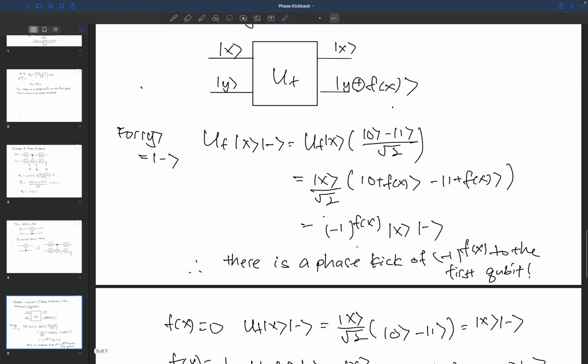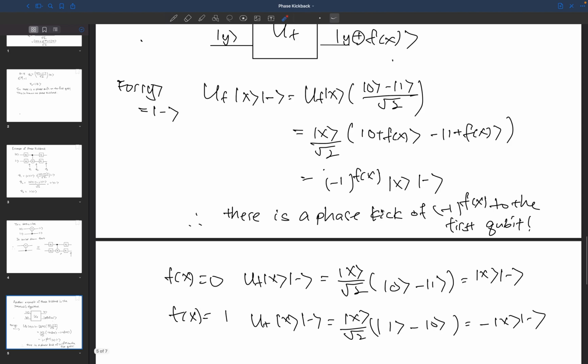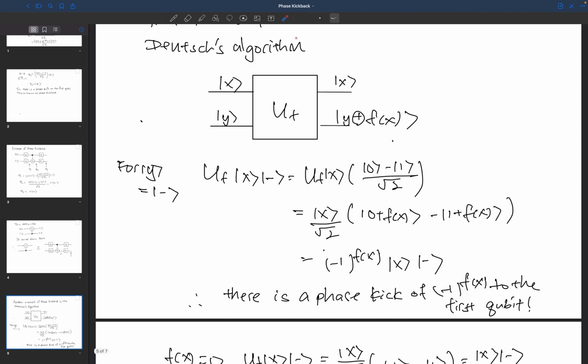And if you compare this output with the input, we see that there is a phase kickback to the first qubit. This is the main reason why the Deutsch-Jozsa algorithm can check whether this f is constant or balanced with just one query.